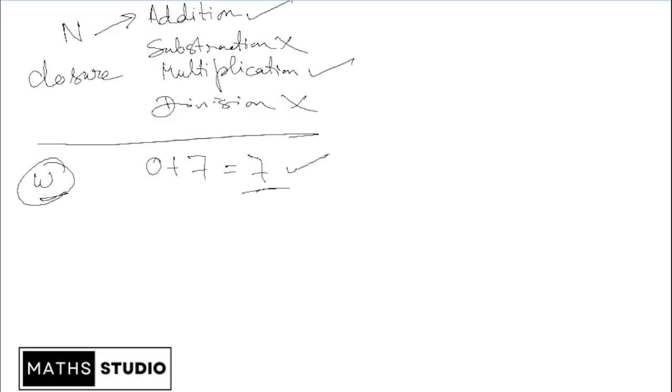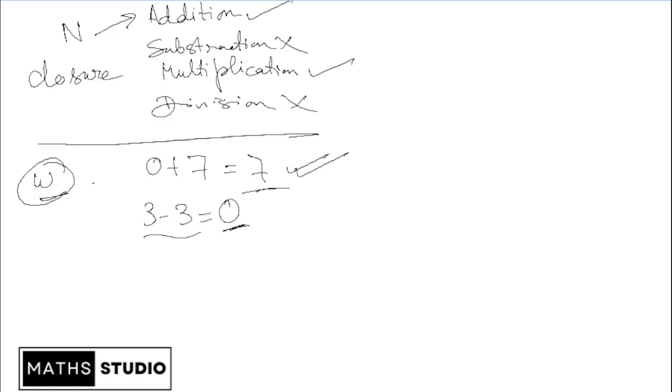So addition will definitely be following the closure property. Okay, let us look for subtraction. 3 minus 3, which earlier in natural number system used to give 0, obviously now also it will give 0 only, but earlier 0 was not part of the natural number system, so it was not following the closure property. But 3 minus 3 is 0.